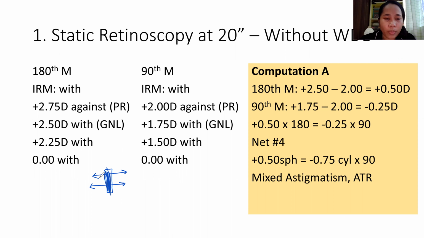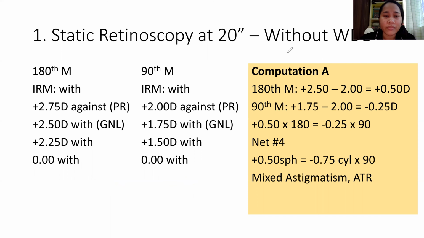So you are scoping the 180th meridian. But when you say 90th meridian, your streak is oriented in a horizontal position, or nakahigda siya, and moving up and down. You are neutralizing the 90th meridian. I just want to clarify that.